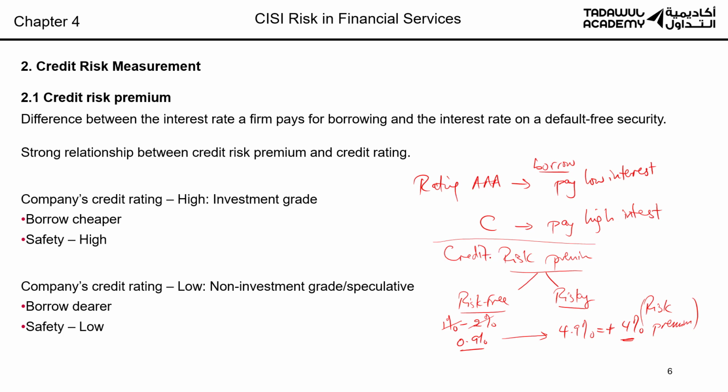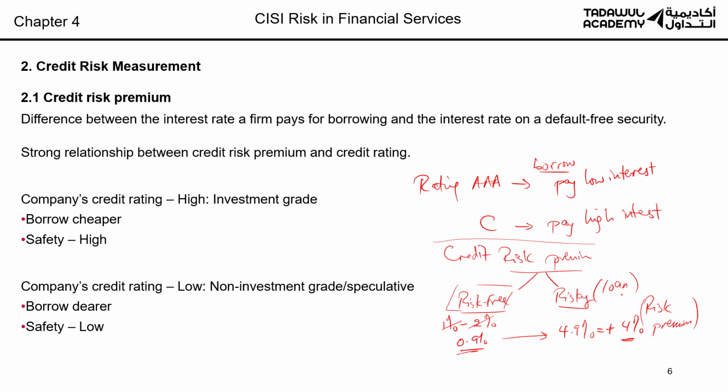Credit risk premium: a bank has money from the deposits, for example, and the bank wants to use that money to generate profit. How can the bank use that money? The bank can either use the deposits to invest in a risk-free investment, and the bank will earn a small return, or the bank might choose to take some risks. And in this case, the risk is to give the money out as a loan.